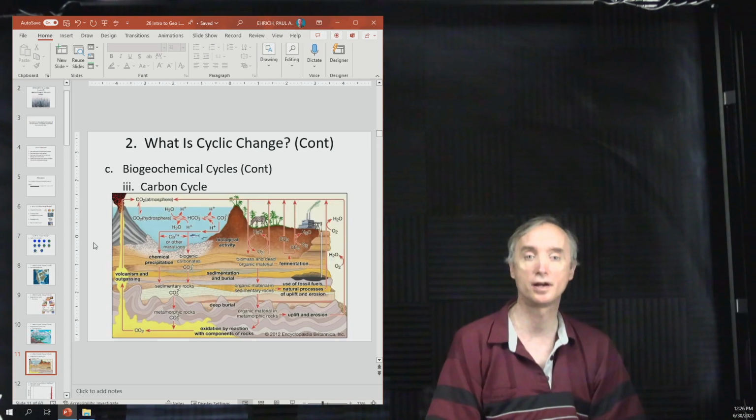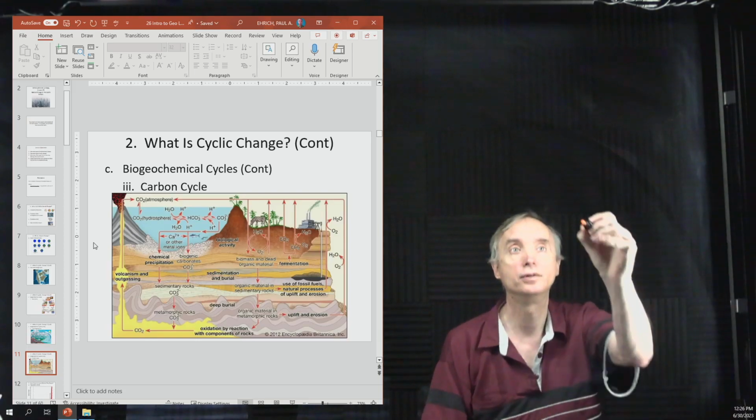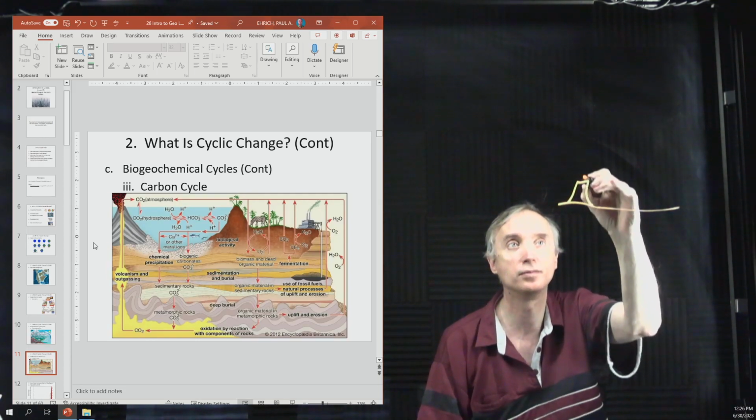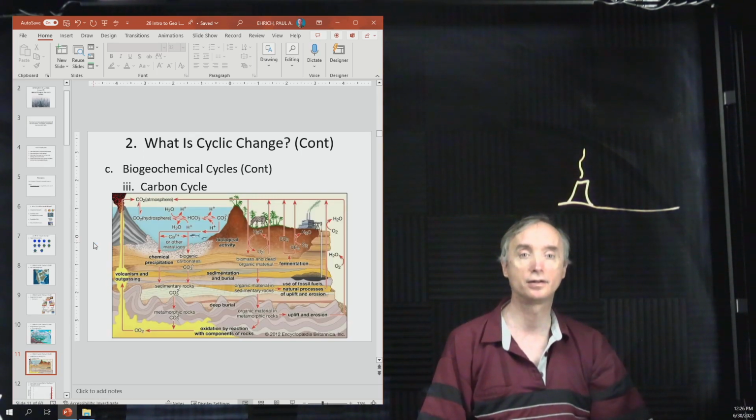The carbon cycle is, where does carbon dioxide come from, and then where does it go? Carbon dioxide originally comes out of volcanoes. Now also carbon dioxide can come from the impacts of comets and meteors on the Earth's surface, but we're not going to take that into consideration.